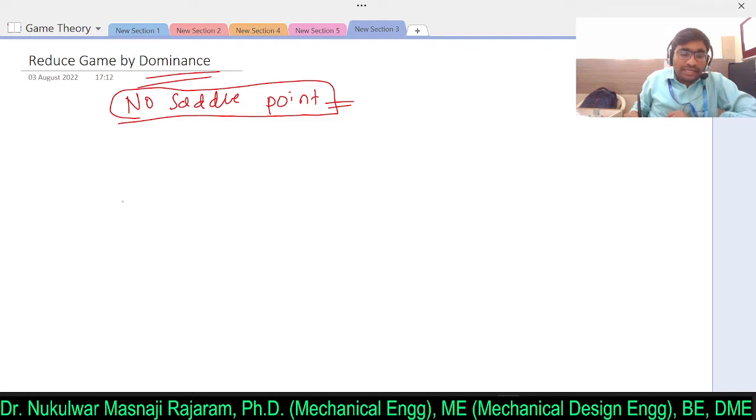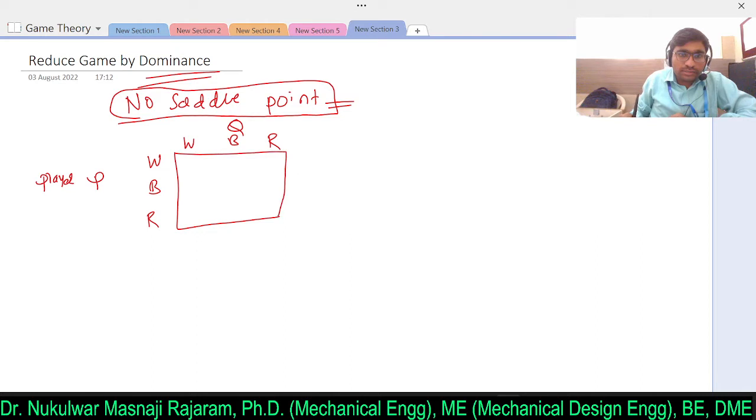Now I will take one example, and through this example I will try to explain. Let's say there is a player P having three different strategies, W, B, R. The opponent or competitor is player Q, again having W, B, R. The matrix is given, so I will construct a 3 by 3 matrix.